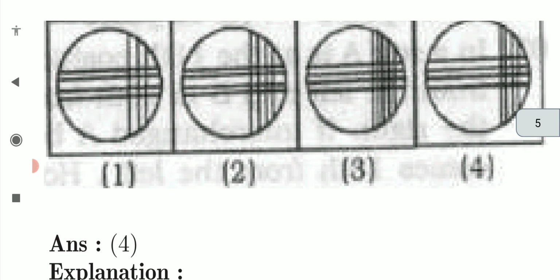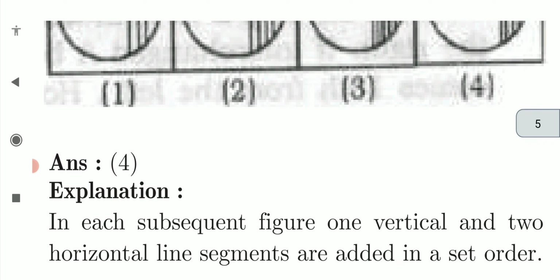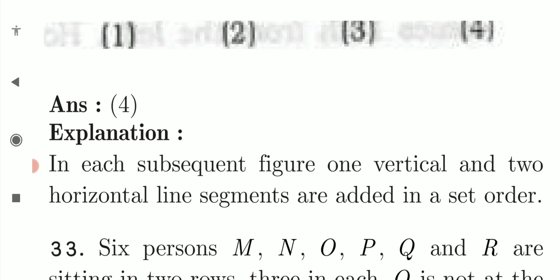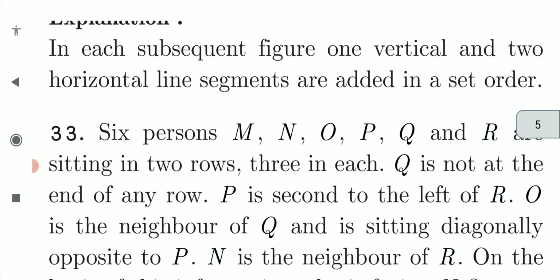It's the fourth option. In the question paper, if you get one extra vertical line, you will get two extra horizontal lines. In each subsequent figure, one vertical line and two horizontal line segments are added in a set order.